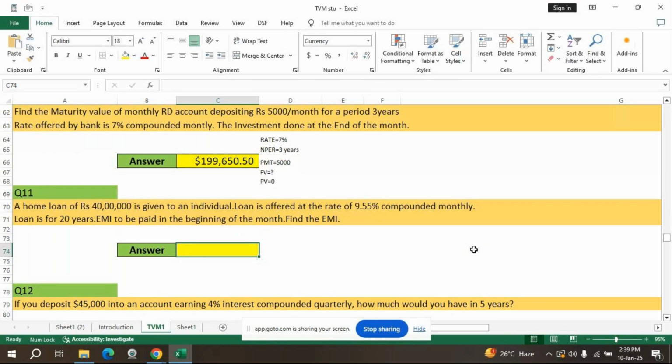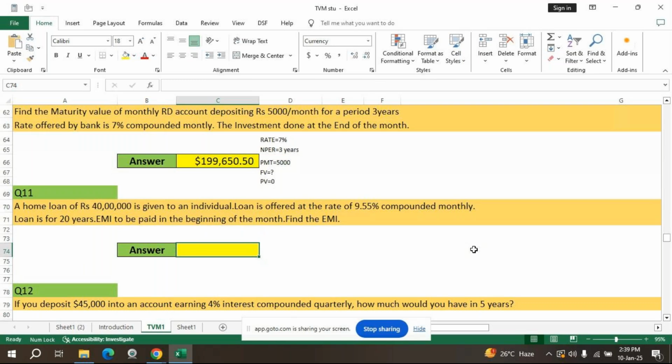That is what we have to find out. What formula do we have to use here?